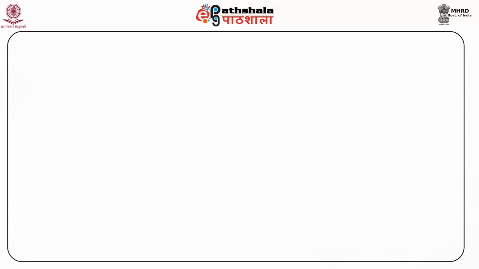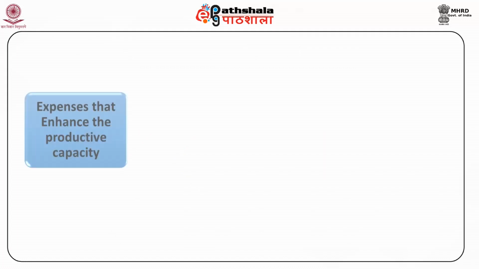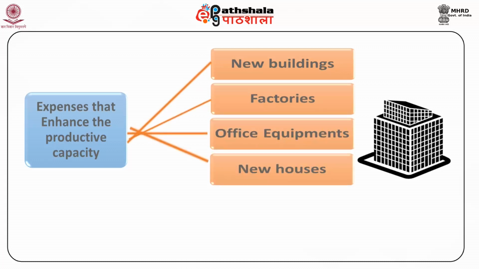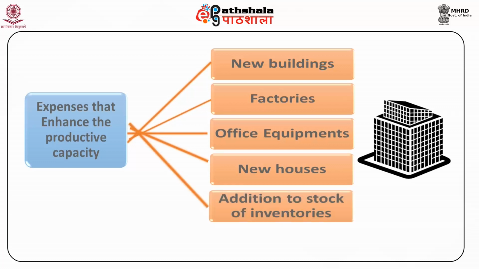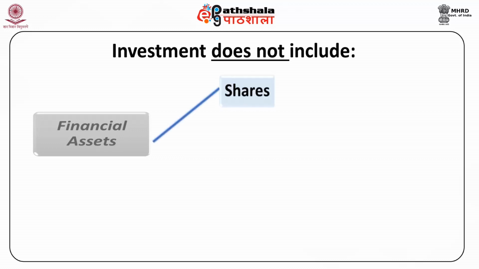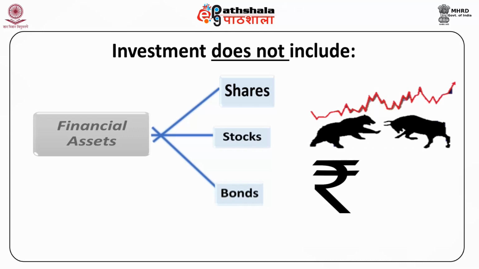Investment expenditure includes those expenses that are incurred to enhance the productive capacity, such as on new buildings, factories, office equipments, new houses, or on addition to stock of inventories. It should be kept in mind that investment here does not include buying of financial assets such as shares, stocks, and bonds.